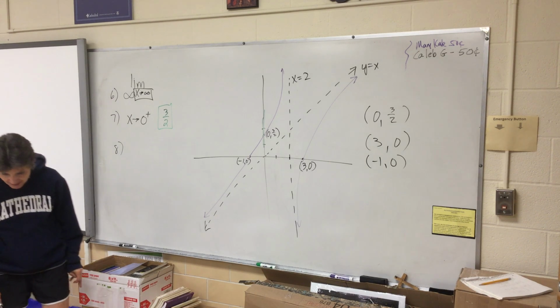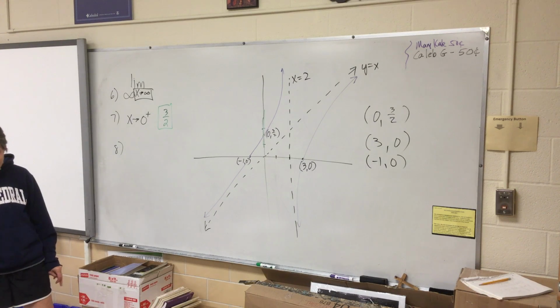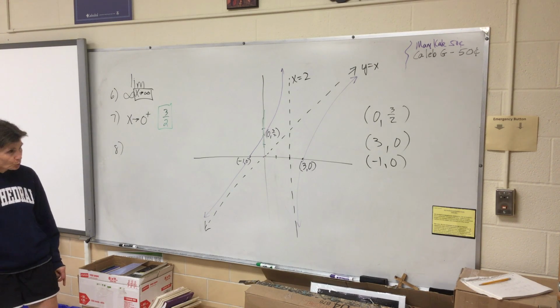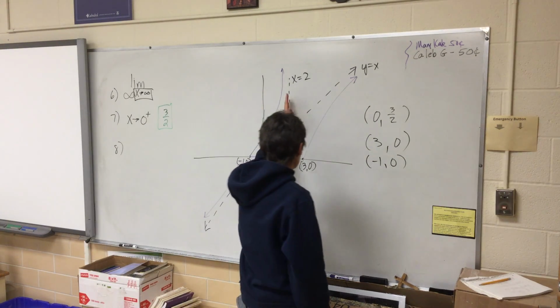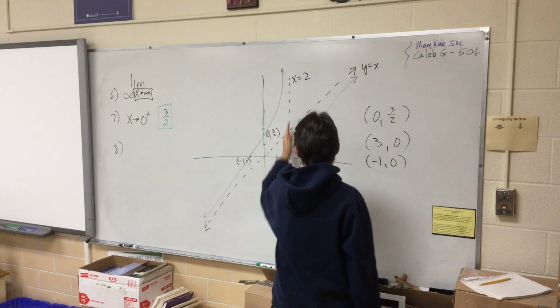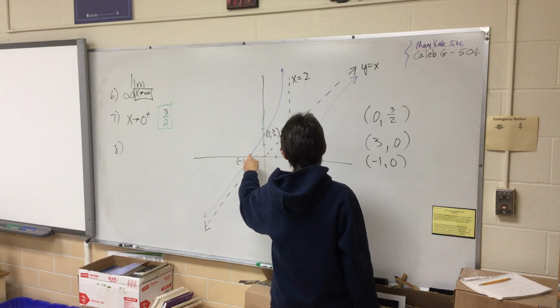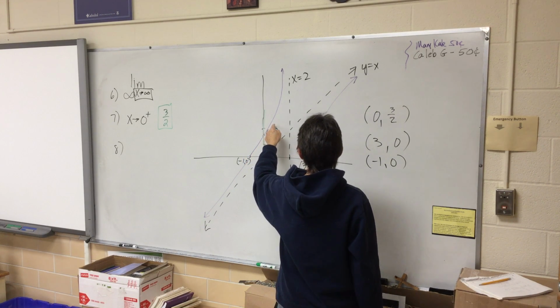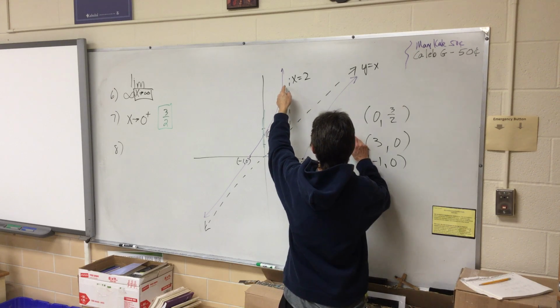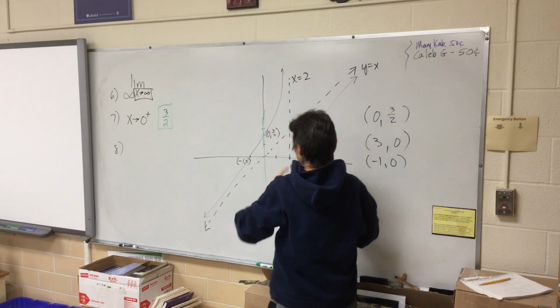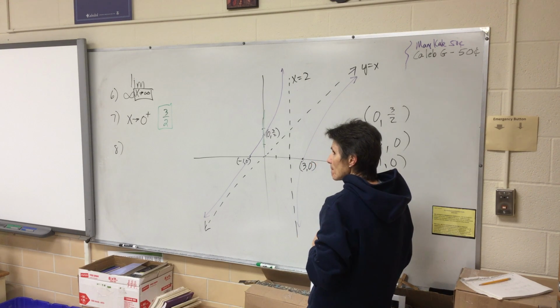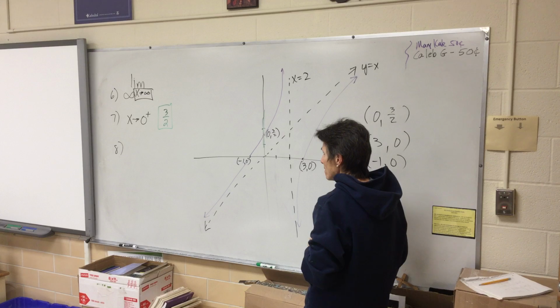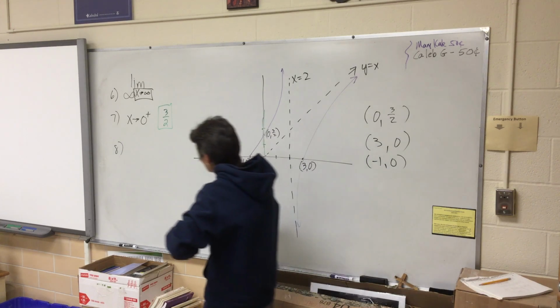All right, the next one says, the limit as x approaches 2 from the negative side. Here's 2. We're going to get on our curve and come in from the negative side. What is happening to my y values? It's positive infinity.